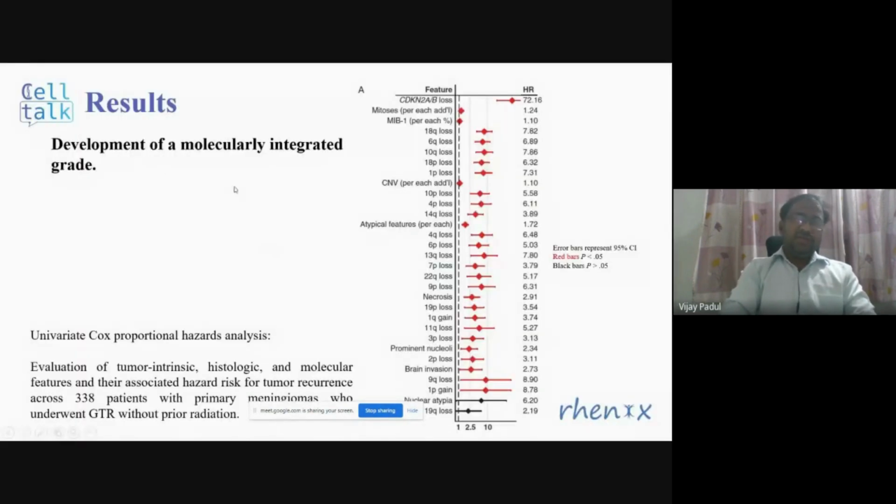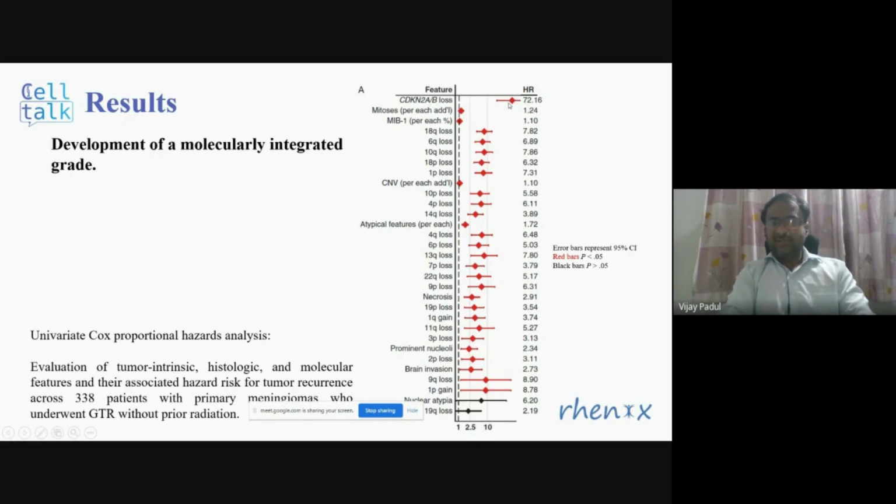So here they developed a molecularly integrated grade. For that, they assessed the hazard ratios of each individual copy number alteration, and they gave a particular weightage to each particular molecular alteration. So as you can see, CDKN2A, 2B loss has the largest hazard ratio.